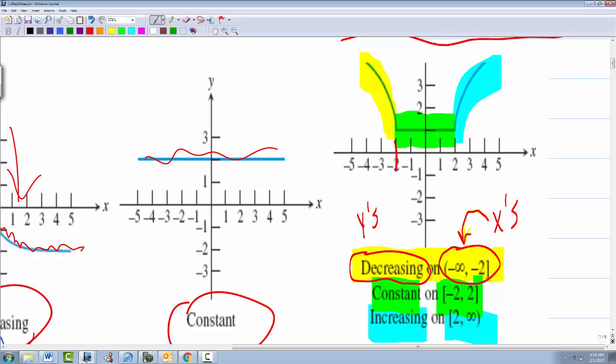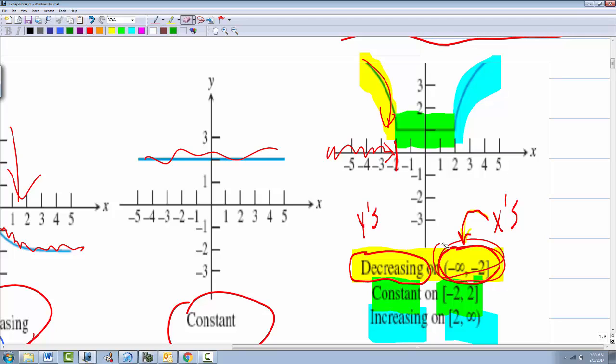The word decreasing describes the y's. The y's decrease when I plug in negative infinity all the way up to negative 2. This is how you name the interval that it's decreasing in. You name the x's that you plug in to make it happen. So it's these x's plugged in this order that make the y's go down. So that's the answer for what this is decreasing at.